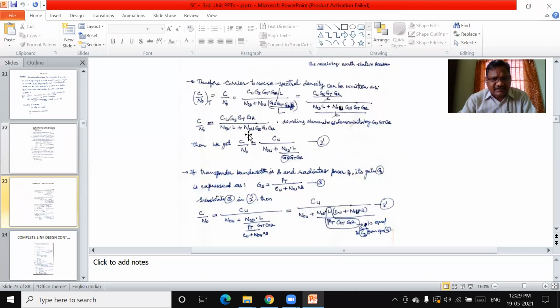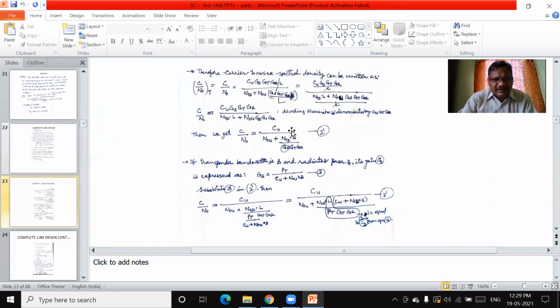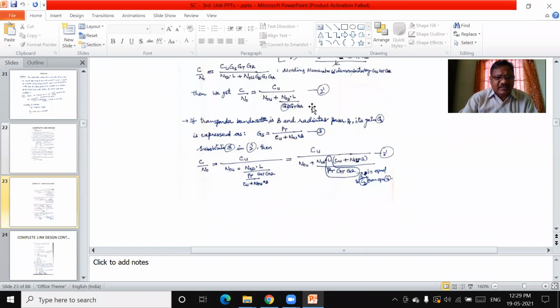Then we get C by N naught is equal to CU by NOU plus NOD L by GS GT GR. Let us say this is equation 2, and this is 2 dash. Otherwise, if you give the number, it doesn't make any difference. We get this after dividing the numerator and denominator by GS GT GR.